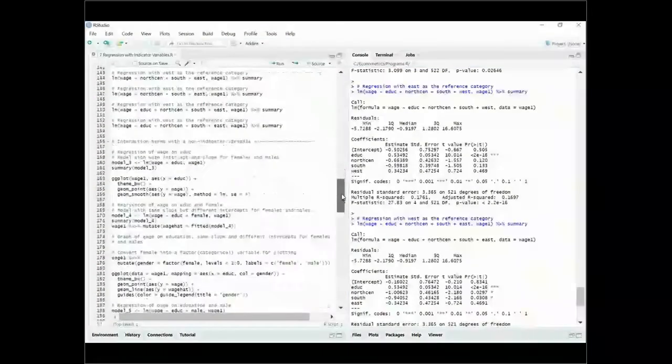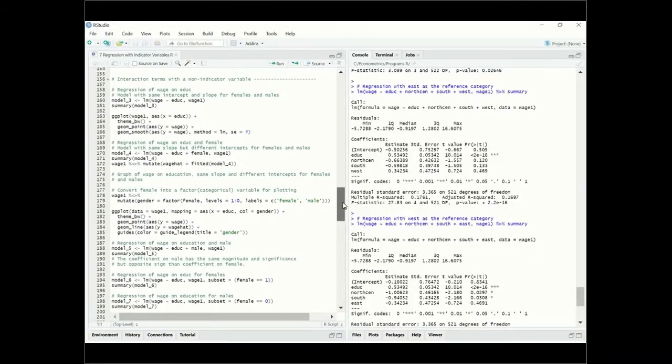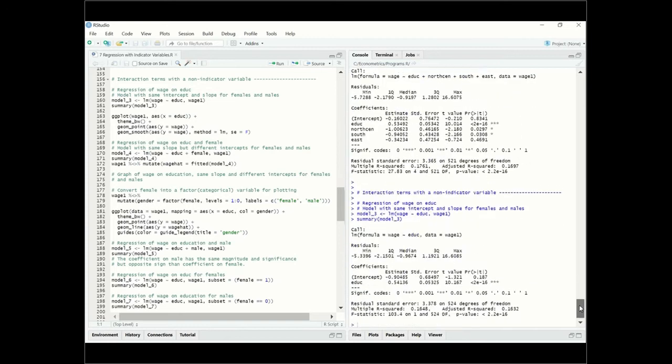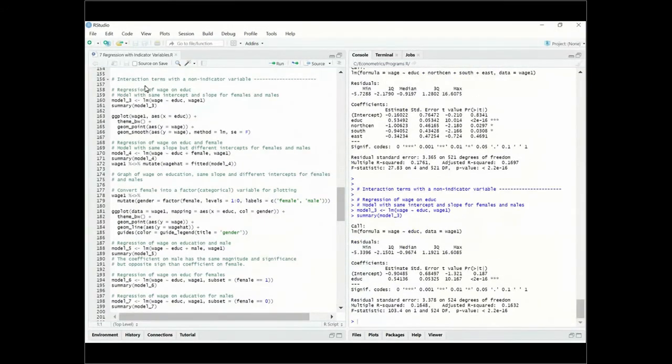Okay, so continuing on, now let's talk about what happens when we have interaction terms between an indicator variable and a non-indicator variable. So here we would have a linear model of wage regressed on education. And let's summarize this model. This is what we see here, where we have basically the same intercept and same slope for males and females.